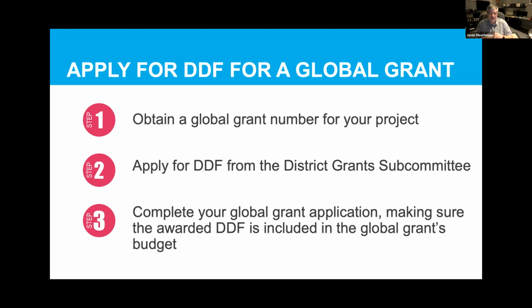And when you put those things in and hit save, it will give you a global grant number, and that's the number you need to use when you're applying to DDF from the district, which is the next step.